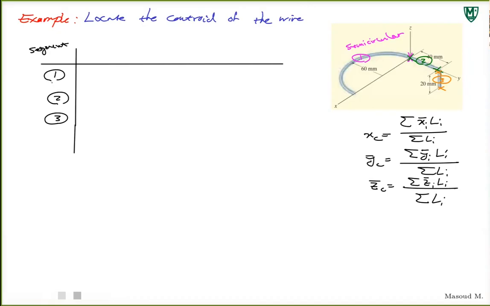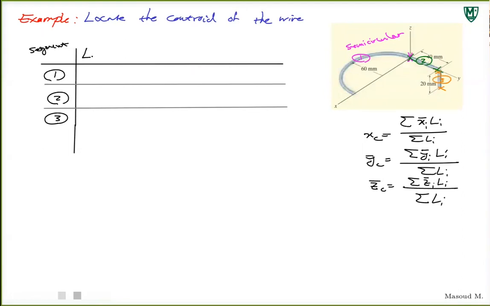So I'm going to make this table like this. The components I need are the X bar for each segment, the Y bar for each segment, and the Z bar for each segment, and then calculate the multiplications and summations to get the numerator and then get the denominator. Here's how they usually do it.